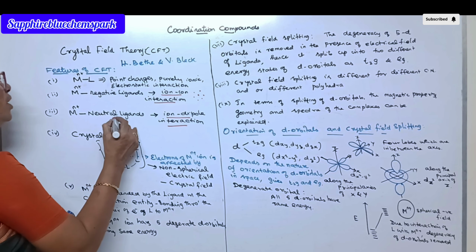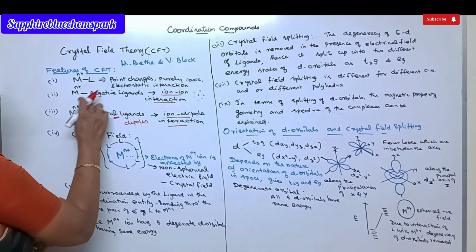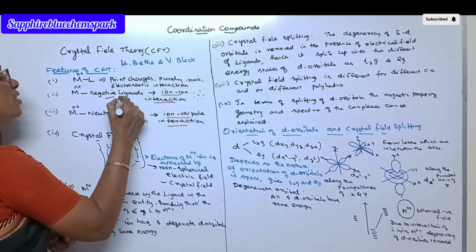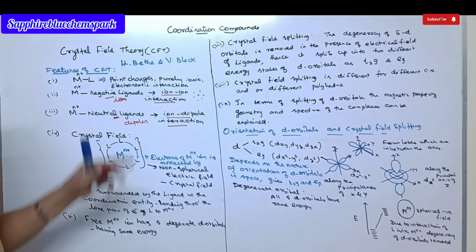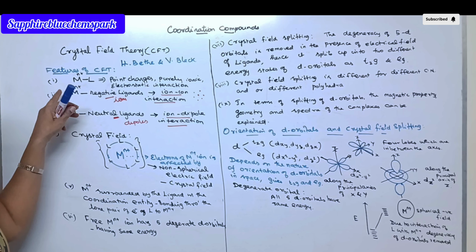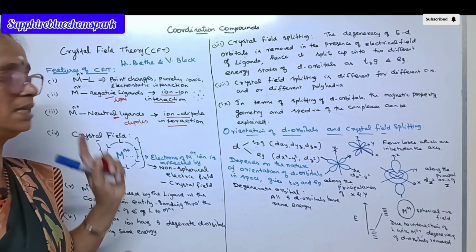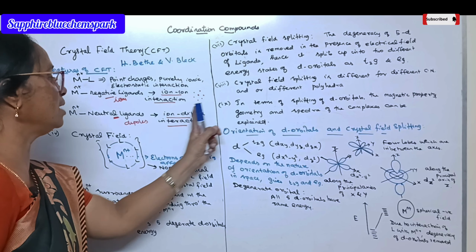So the neutral ligands are referred to as dipoles and the negative ligands are referred to as ions.